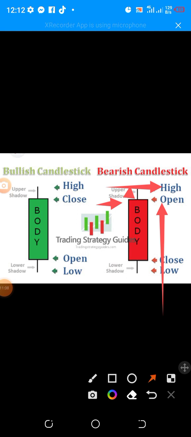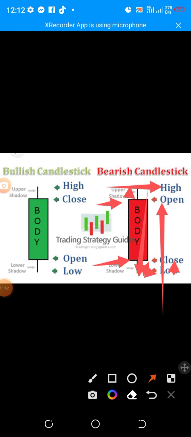After the buyers pushed the price this high, the sellers came in and pushed the price down to where you see the lowest low. After that, the buyers came in and pushed the price back to this point, where the time of the candle finished and the candle has to close.